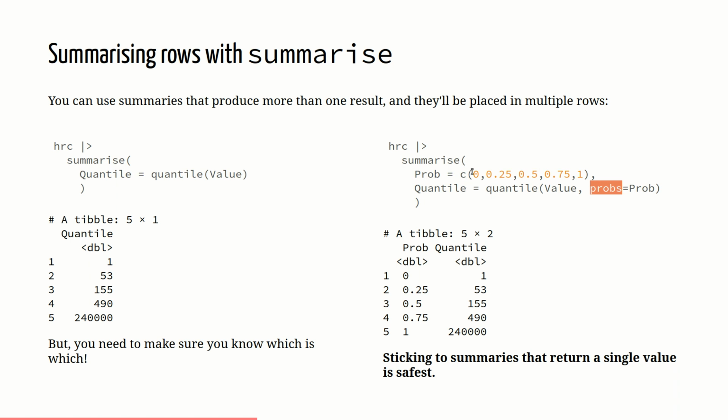So the 0th quantile, the 0.25 quantile, which is the 25th percentile, and so on. So these are equivalent to percentiles, but they're in probabilities instead of percentages. So they go from 0 to 1 rather than 0 to 100. And this then enables us to ensure that things are labelled correctly. So we can see that 155 here is the 50th percentile, which is the median. Generally, it's safest to stick to summaries that just return a single value.